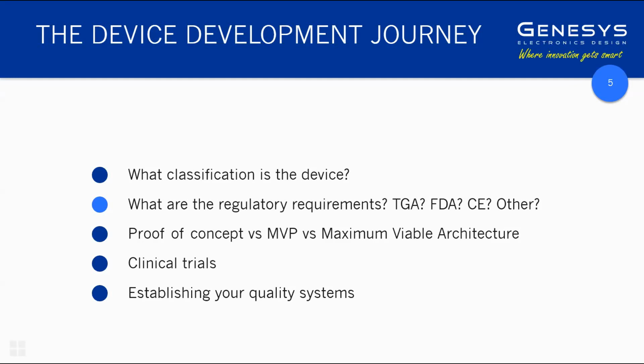The TGA for Australia originally would recognise CE approval for Europe, but they are now also recognising FDA approval. So quite often the easiest pathway to get a product into Australia is to target either FDA for US or CE for Europe and piggyback on that for TGA for Australia.